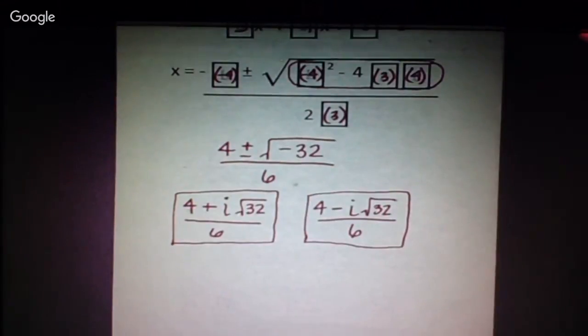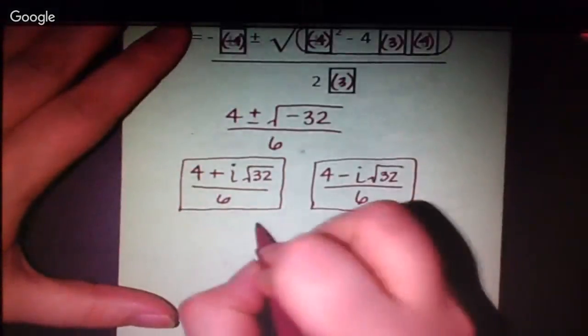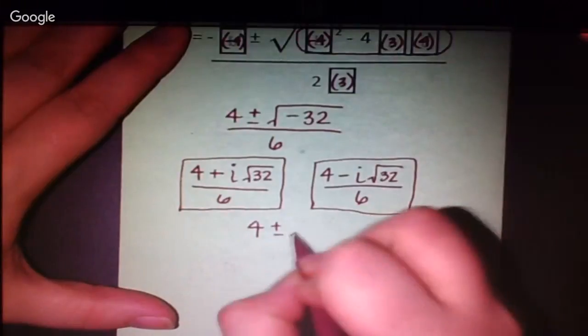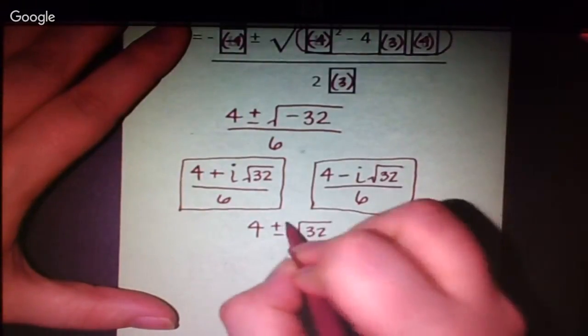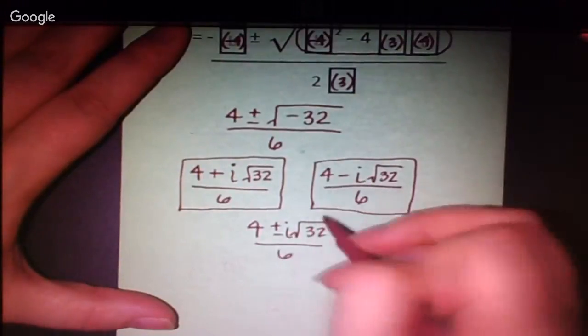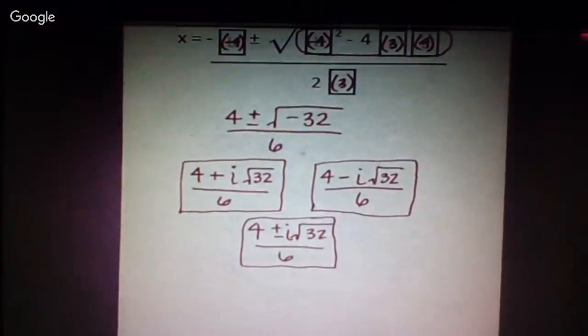So you may see it written separately with a plus and a minus, or you may just see it written together. So you may see it like this as well: i times the square root of 32 all over 6. Please understand, separated and all together is the same exact thing.